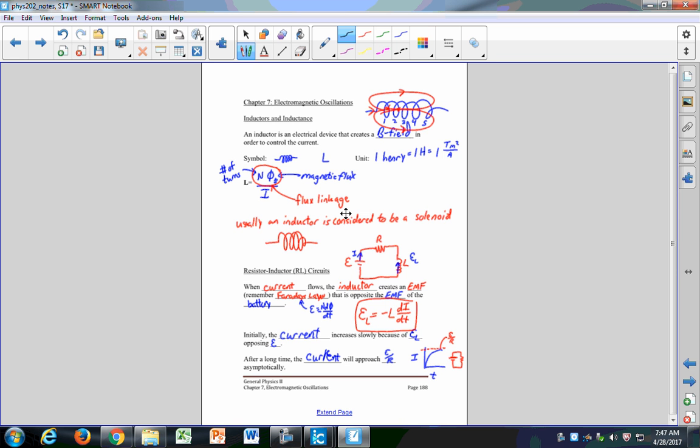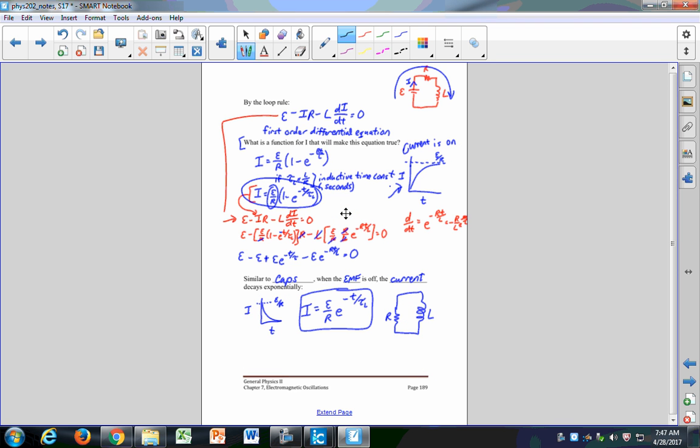Now in this chapter, you need to know your 3 different circuits, your RL, your LC, and then your RLC circuits. You have the equations for all 3 of those, so if I ask you calculations, you'll just need to know which values to plug in.